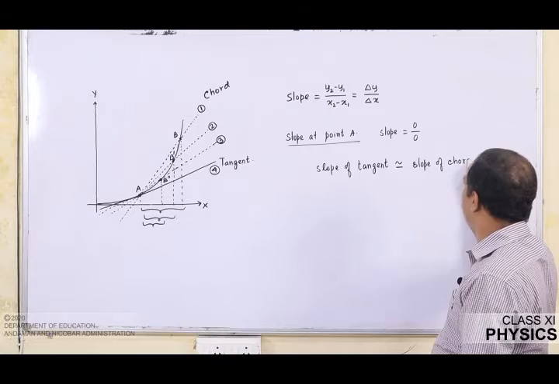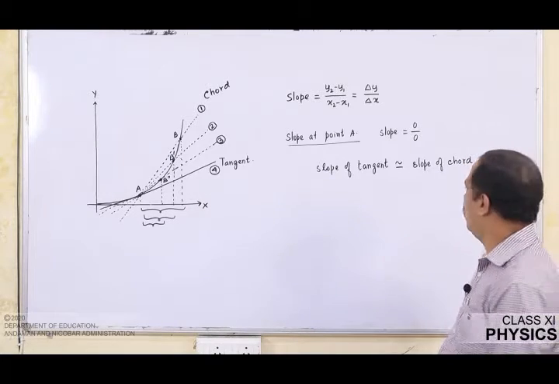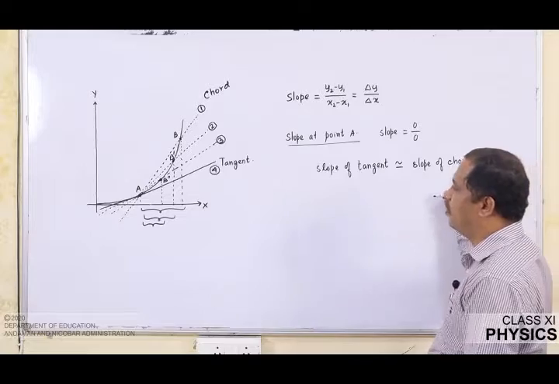When will it be equal to the slope of the chord?